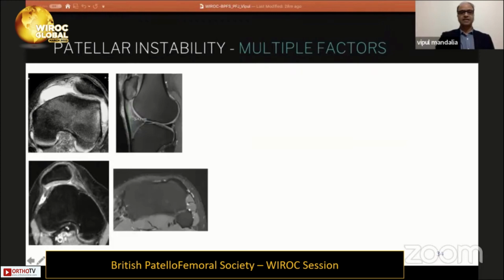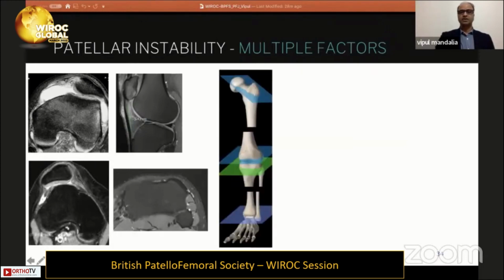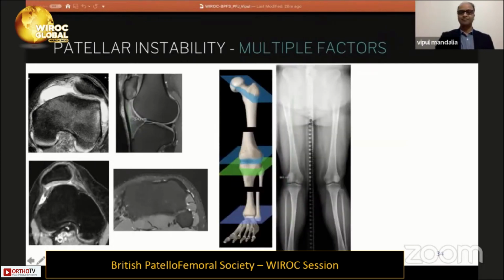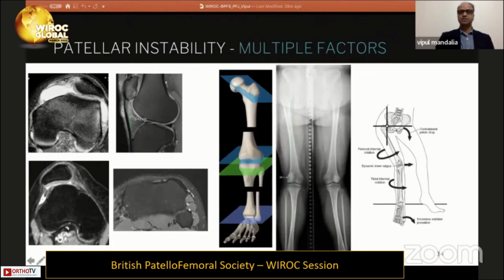Could be a lateralized tibial tubercle, could be torsional abnormality or valgus alignment, and last but not the least, proximal muscle weakness. It is important to understand that if one abnormality is of mild variety, and there are 2 or 3 other abnormalities, that will exaggerate the problem related to the first one. Similarly, when you treat one abnormality, it can help with the other abnormality as well.